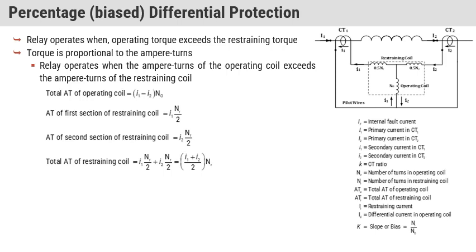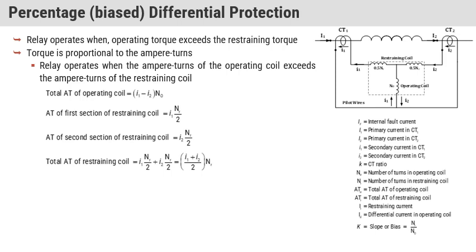Now we see some mathematical calculation of the currents that flow in the restraining coil and operating coil. The total ampere turns of the operating coil is (I1 minus I2) times N0.